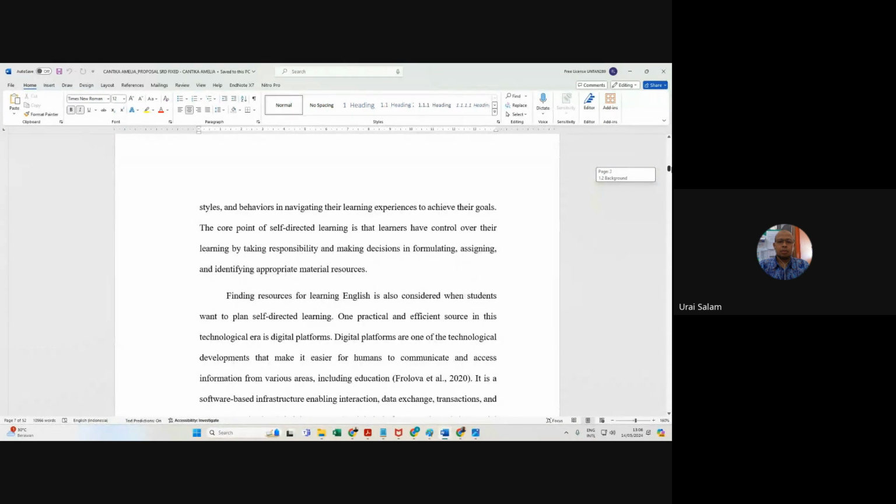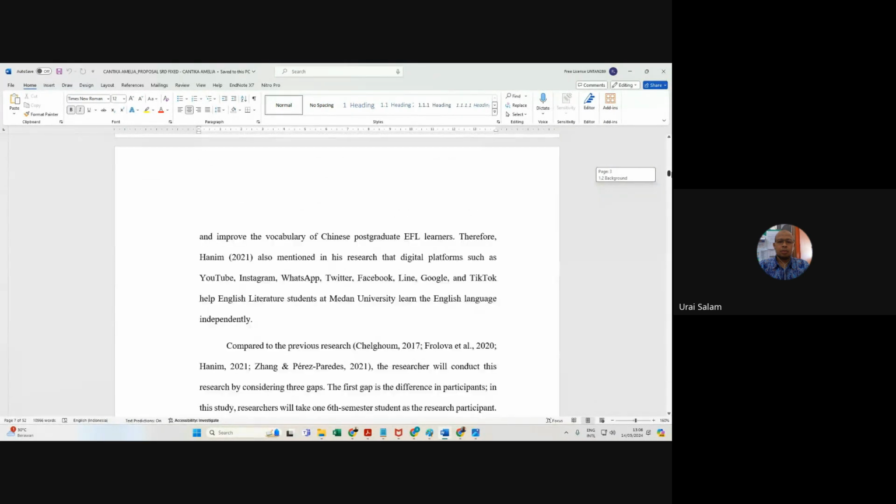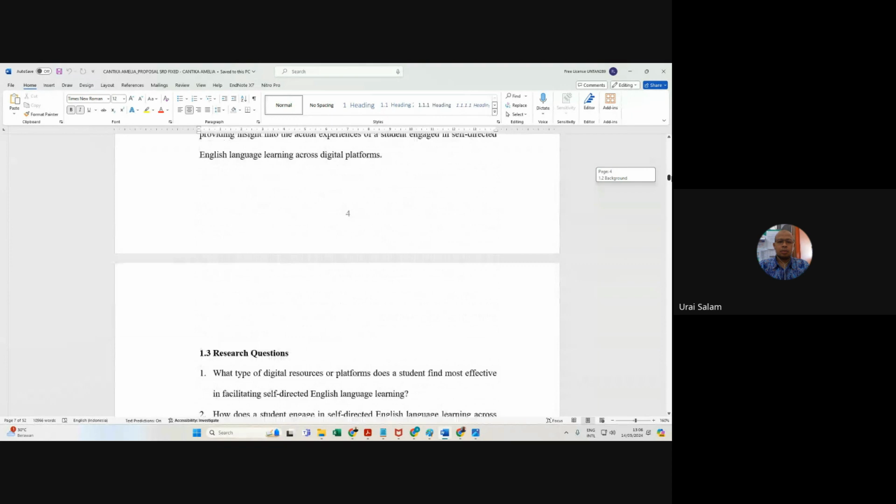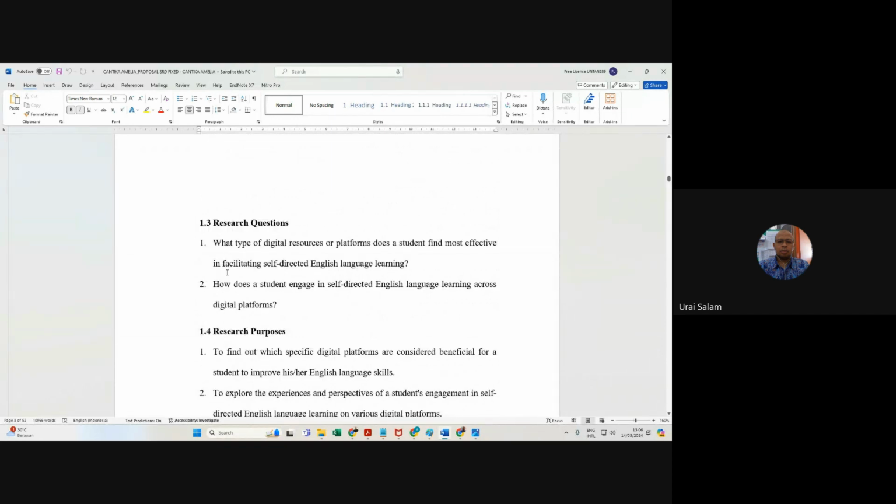Resources is not the same as platform. So perhaps what types of digital platform, not resources or platforms. What type of digital platforms do the students find most effective in facilitating, or find most useful perhaps.